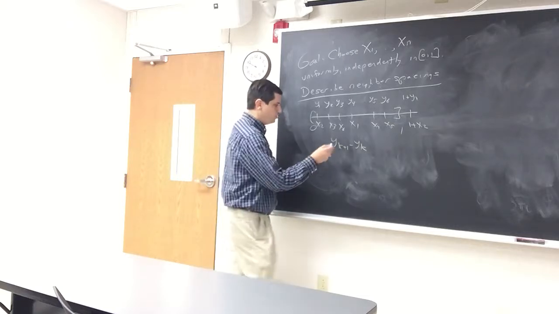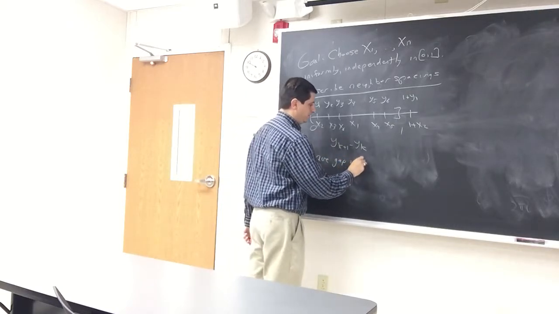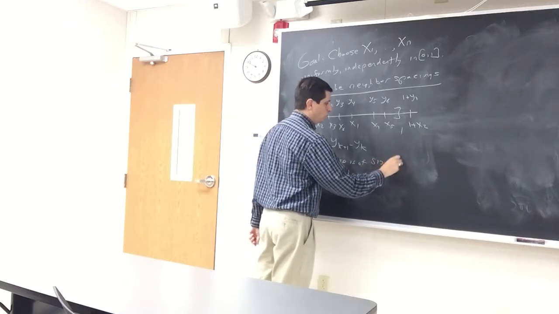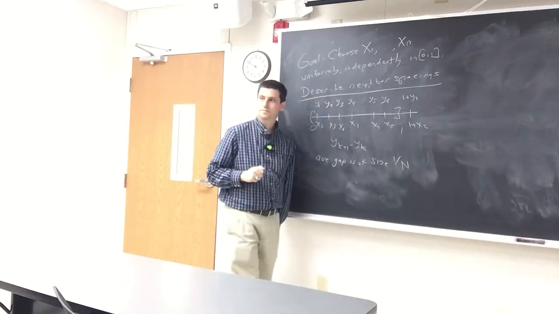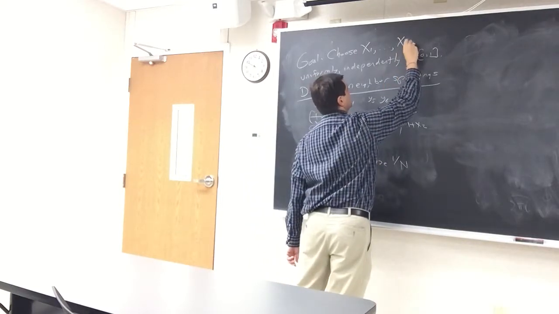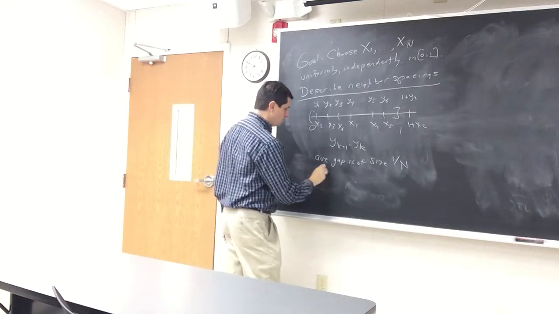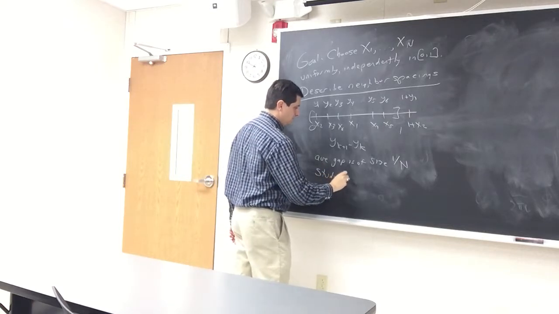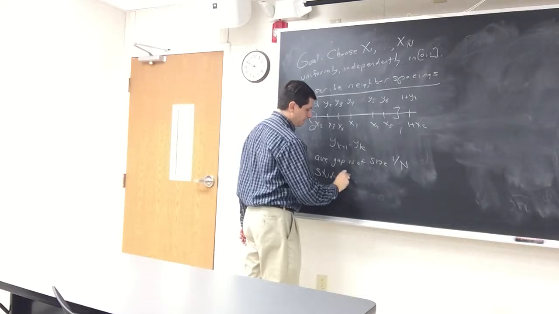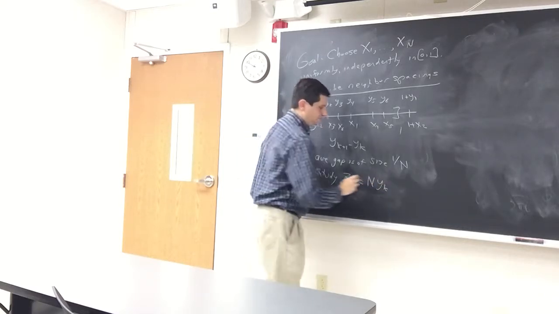And so if we do this, the average gap is of size 1 over N. So it's often worthwhile to study z_k equals N times y_k.